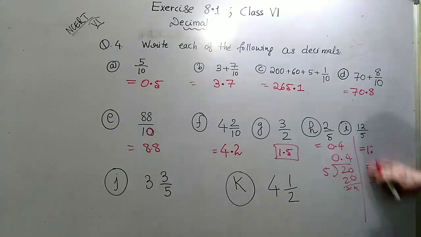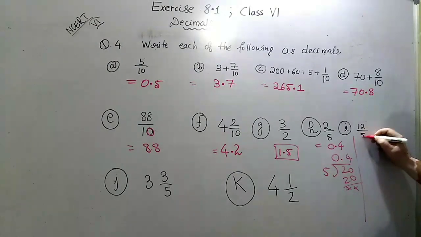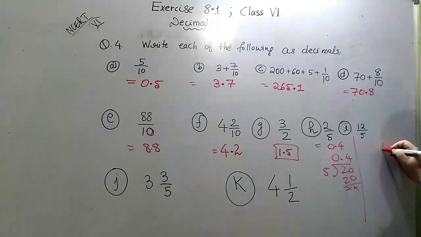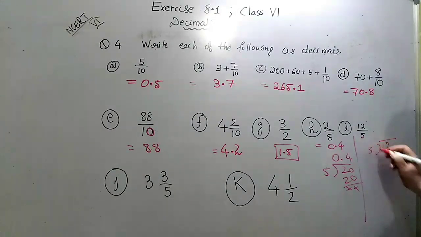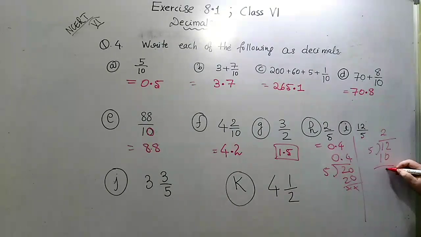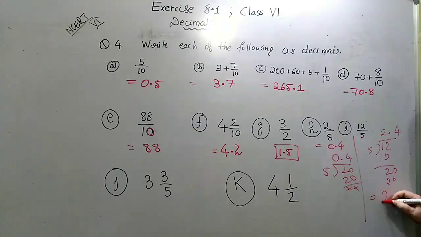No, this way it cannot be done. We have to divide it because it is in multiple, no? So 12 and 5. 5 2s are 10, 2, and then you have to give one decimal, 0, 4, 20. So it will be equal to 2.4.